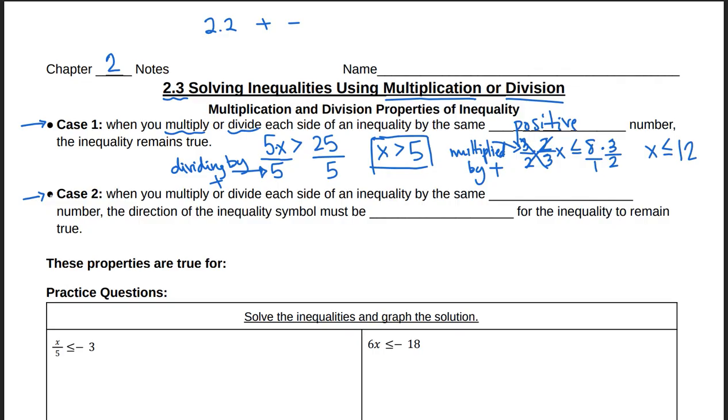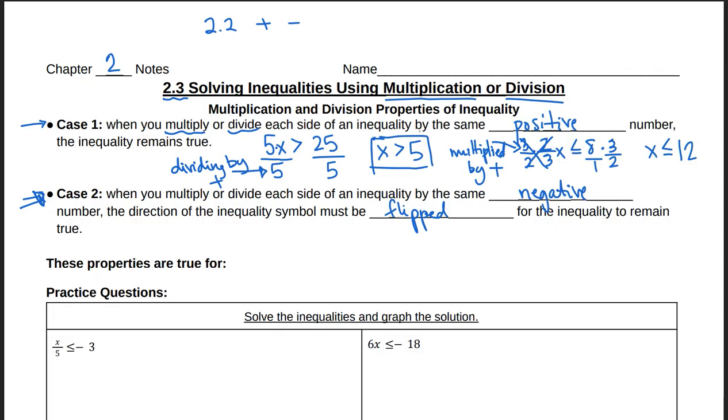Okay, so now let's move on to case 2, and this is where the nuance is. I imagine a lot of y'all have already heard about it from last year's math class. When you multiply or divide each side of an inequality by the same negative number, the direction of the inequality symbol must be flipped for the inequality to remain true.